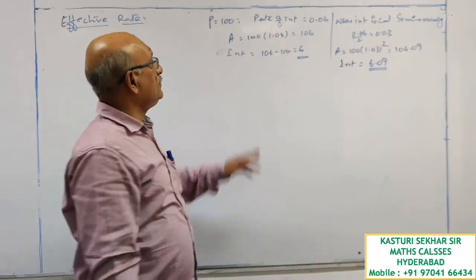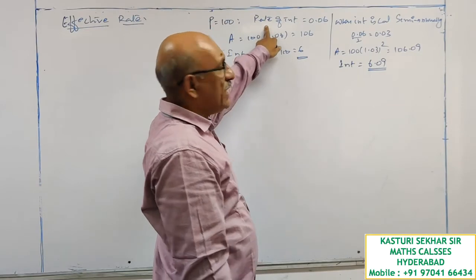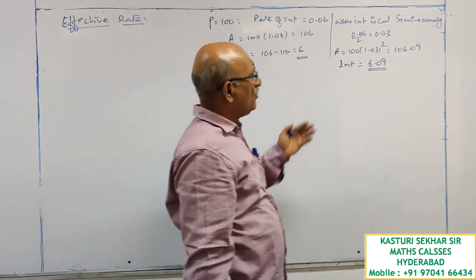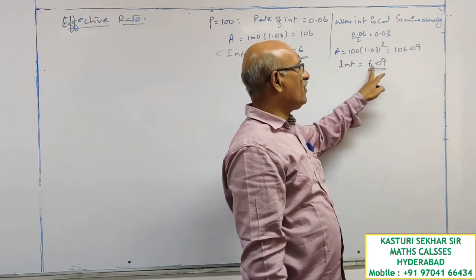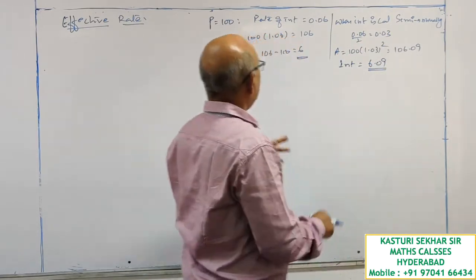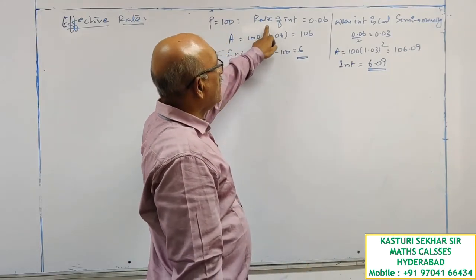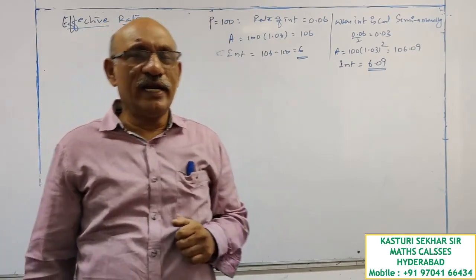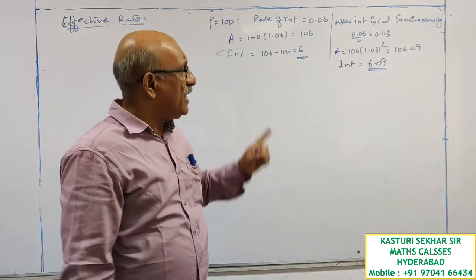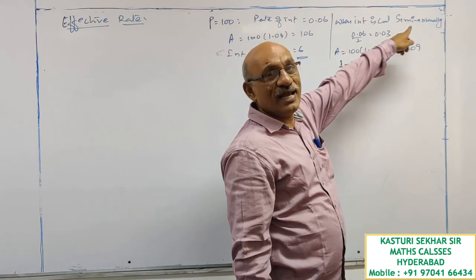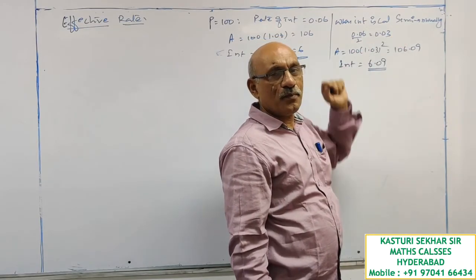Now look at this, sir. When interest is calculated one time in a year, 6 rupees you are getting. When interest is calculated two times in a year, 6.09 you are getting. Percentage wise, when nominal rate of interest is 6%, its effective rate is 6.09% when interest is calculated semi-annually.